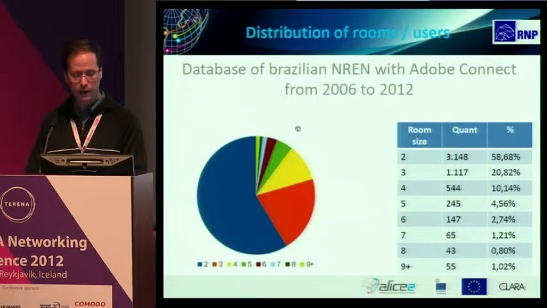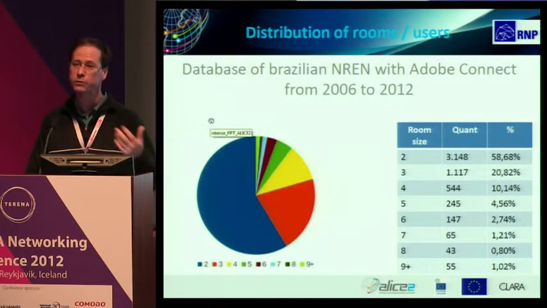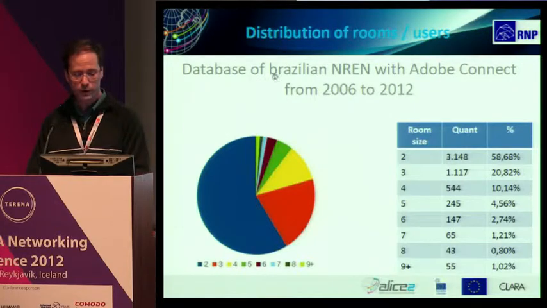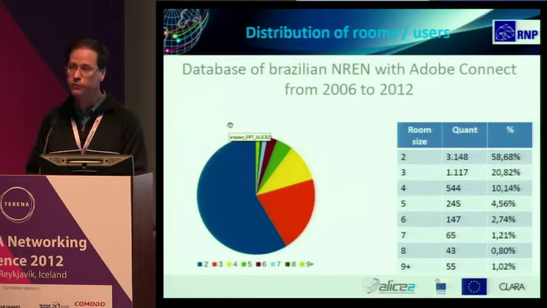The probabilities of distribution of rooms we got from the database of the Brazilian NRAN during 6 years, and we discovered that the Brazilian NRAN behaves like this pie graphic.